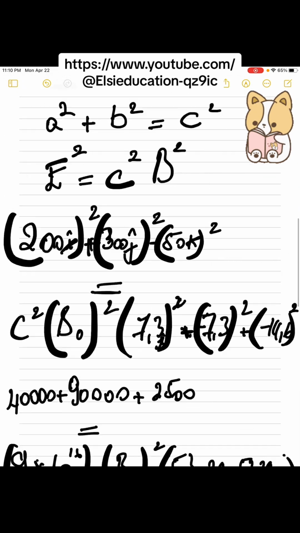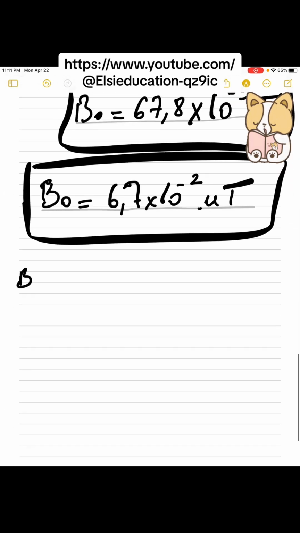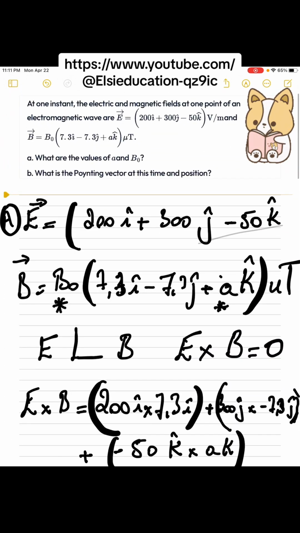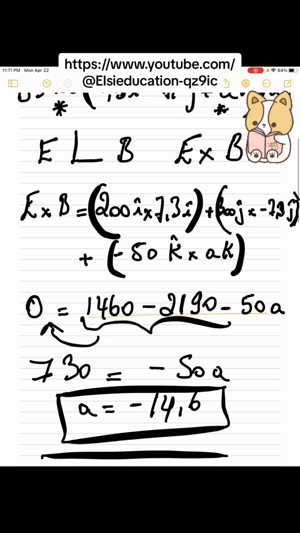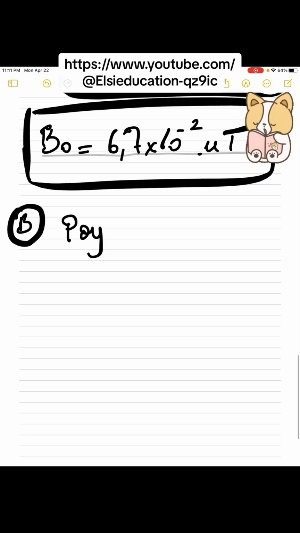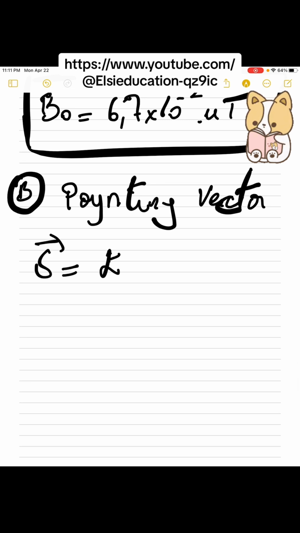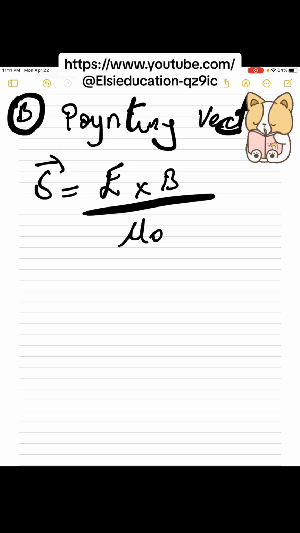Okay, this is for A and B. So now, what is the Poynting vector? The Poynting vector in that position is equal to the electric field multiplied by the magnetic field divided by the constant.